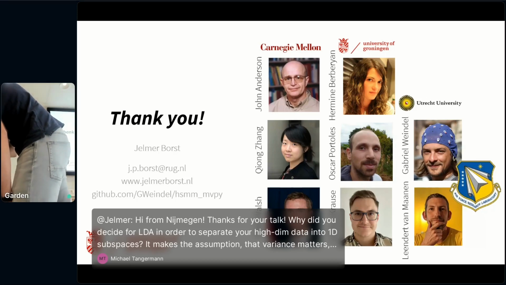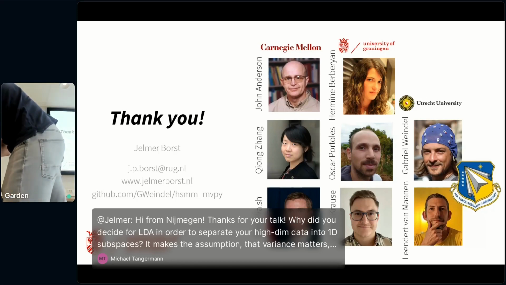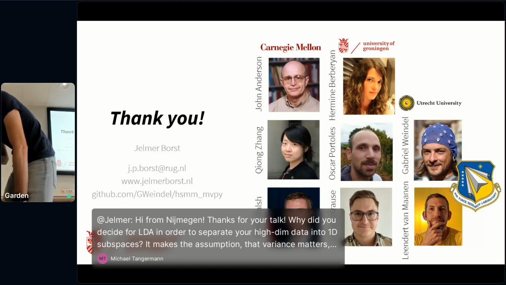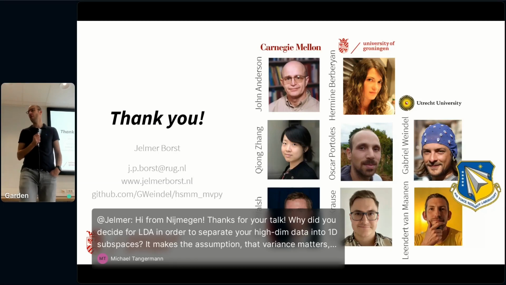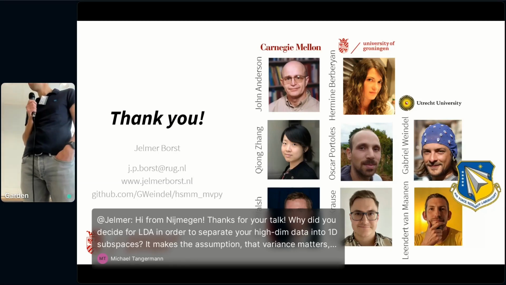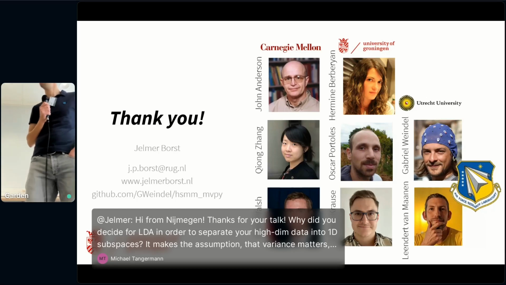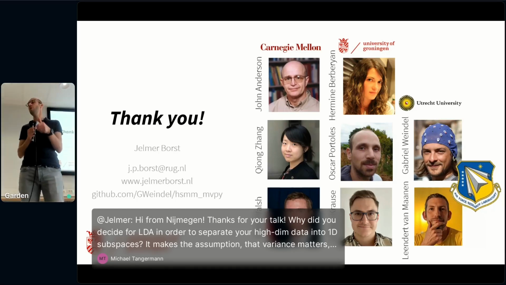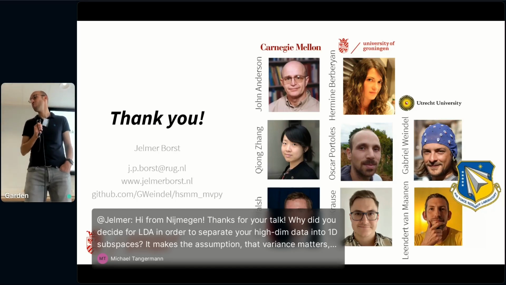It makes the assumption that variance matters, but other assumptions could be interesting too, like statistical independence, contrast between conditions, etc. Can you please comment? Yeah, so I said this was just based on computational complexity. I think we didn't really think about what it would imply for the rest of the analysis. But it's an interesting question. As I said, we have also done this on raw EEG data, so I would have to think about this more.